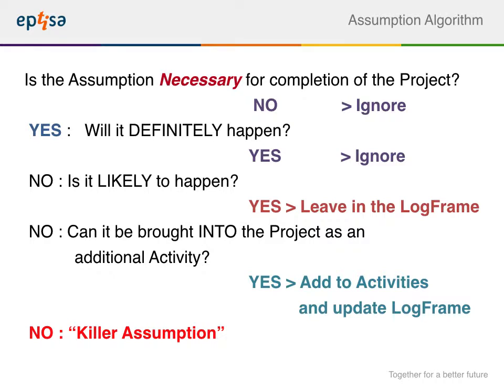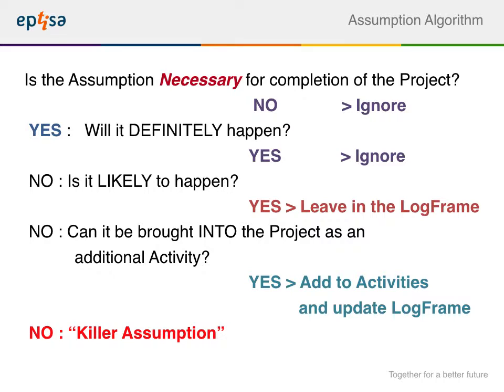It is necessary to think of each of these external factors one at a time. Consider whether it is actually necessary for the project, whether we understand that something will or will not happen, if it's likely to happen, and if it doesn't happen, is there anything we can do about it?